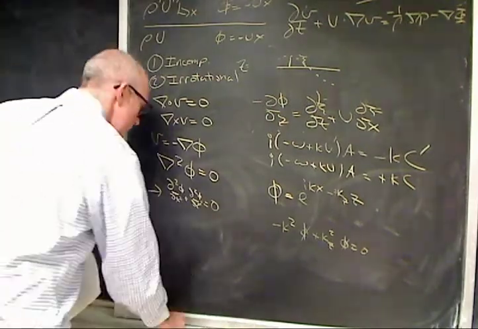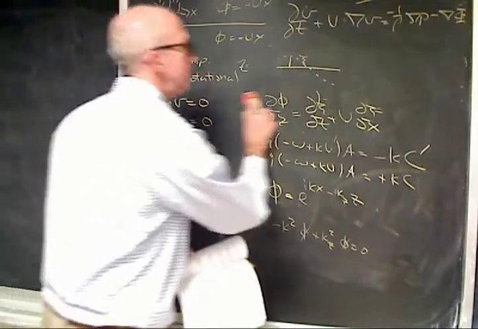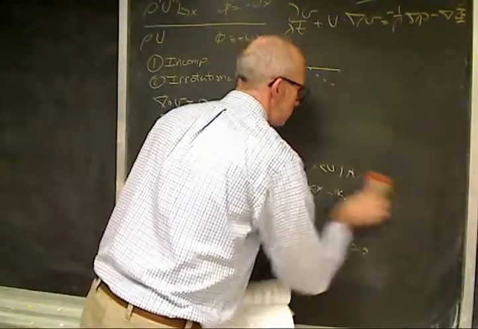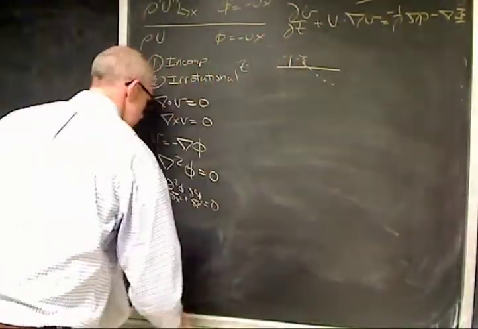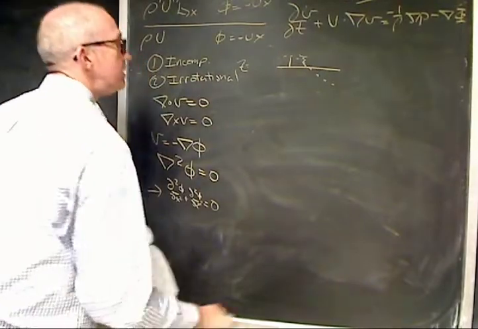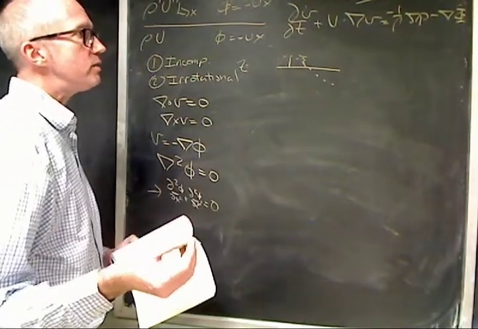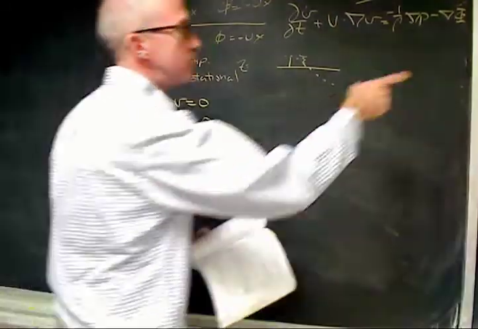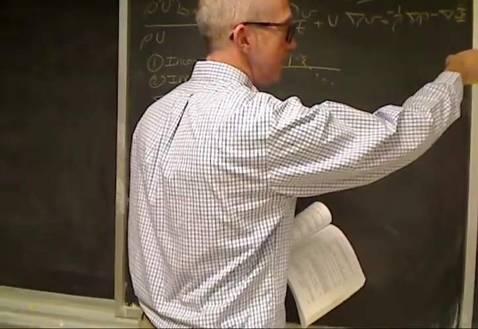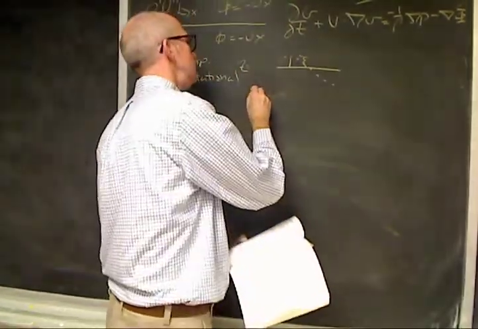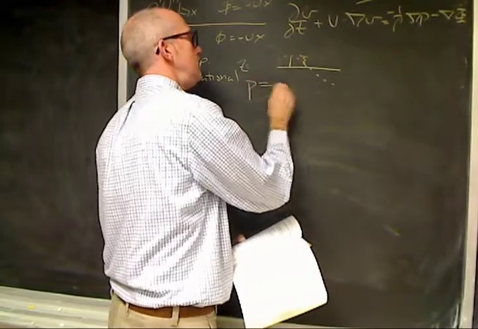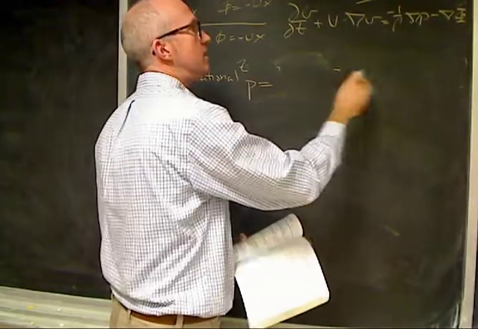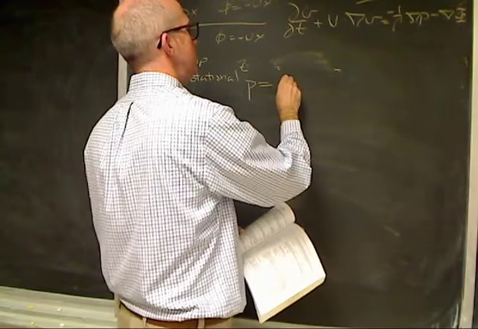So now the last equation I need is to set the pressures equal to each other. So we'll take Navier-Stokes and we'll solve it for the pressure. So that we say that P equals what?